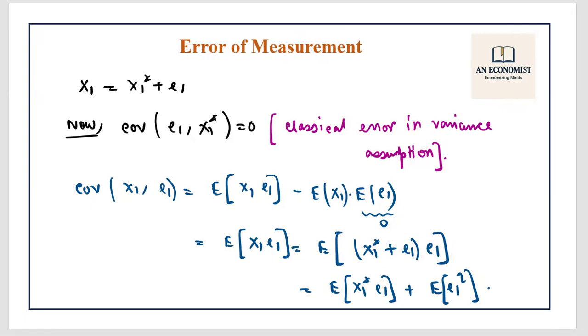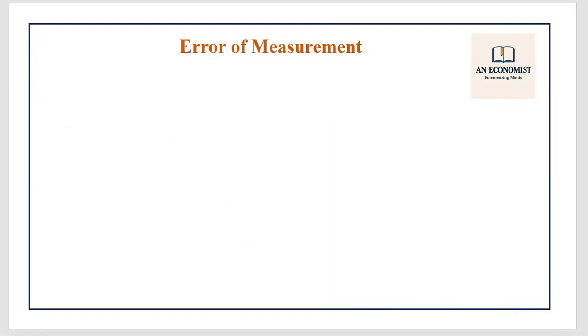Now from this you can say that the first expression is 0. The covariance of E1 and X1 star being 0 means the expectation of this expression is entirely 0. So you'll be left with only the expectation of E1 square, which is the variance of the measurement error only. Right? Now use the model again. The model is beta naught plus beta 1 X1 plus U minus beta 1 E1.